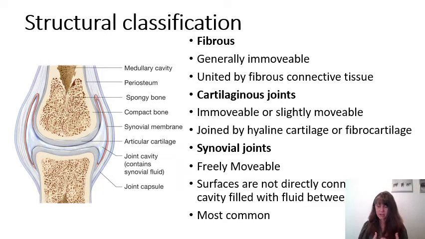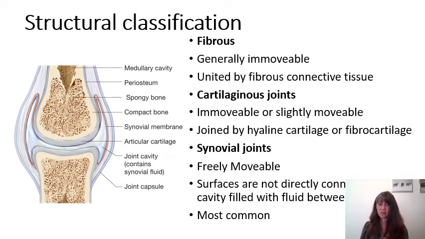Fibrous joints are named so because they are connected by fibrous connective tissue. You've already seen examples of an interosseous membrane that occurs between the radius and the ulna in the forearm and the tibia and the fibula in the leg. Those are considered fibrous joints.